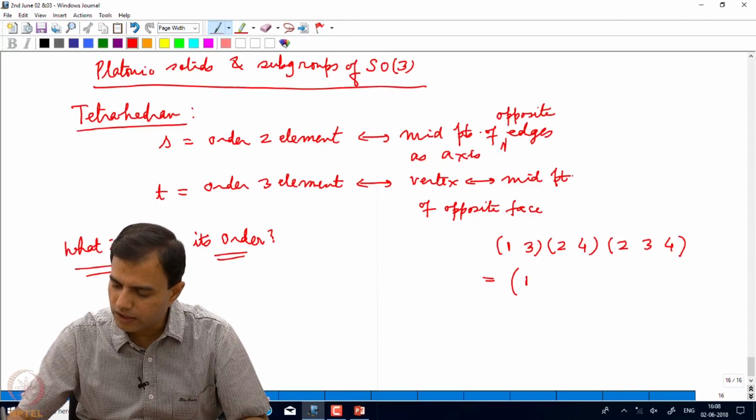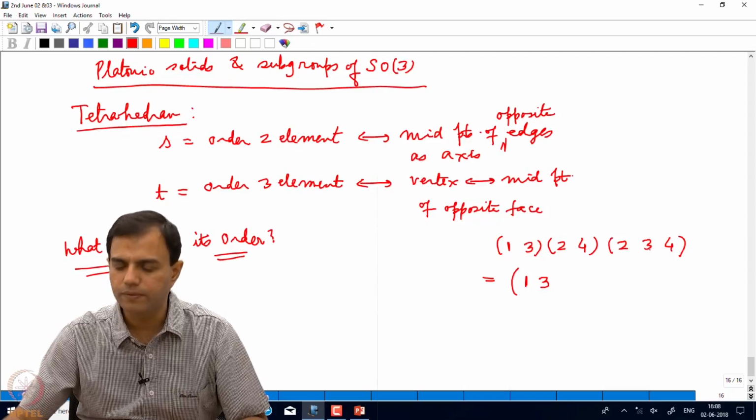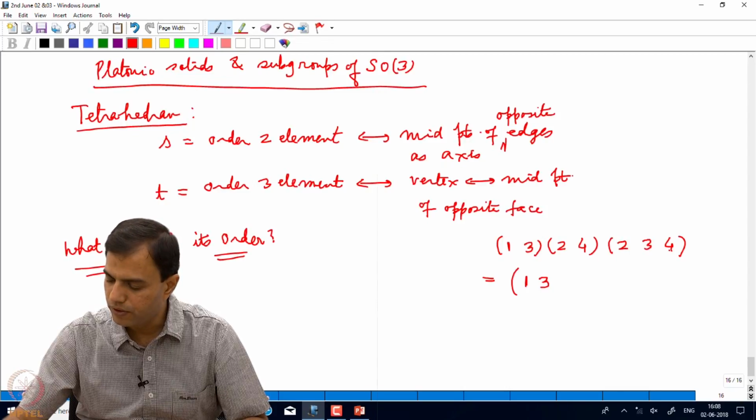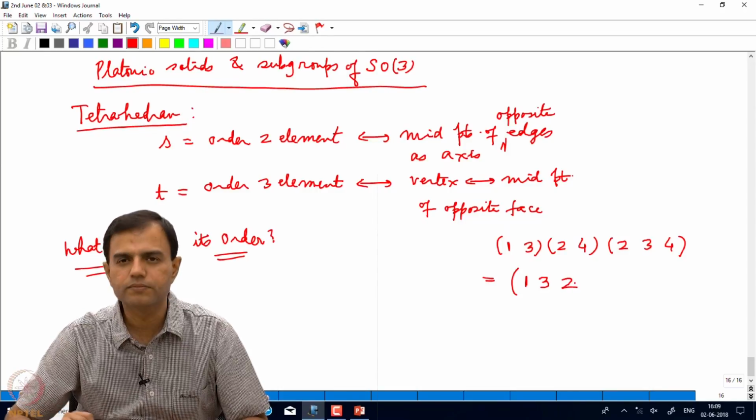So what happens to 1? Here nothing happens, here nothing happens, and here 1 goes to 3. 1 goes to 3. What happens to 3? 3 goes to 4, and 4 goes to 2, and that's all. So 3 eventually goes to 2.